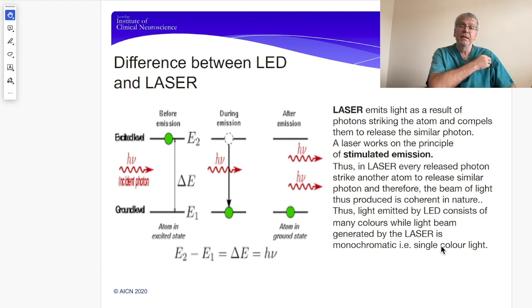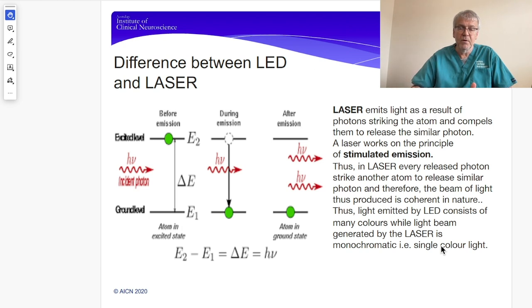Basically, a laser emits light as a result of photons striking an atom, and that atom is compelled to release a similar photon. This is why we call it stimulated emission, because the emission is stimulated by photons striking an atom.